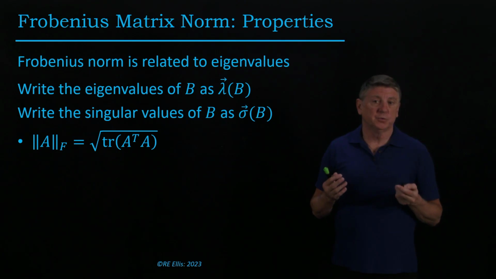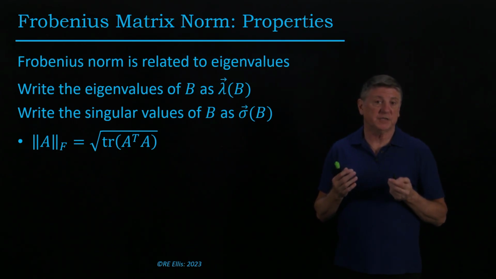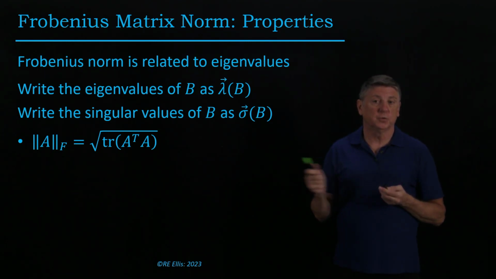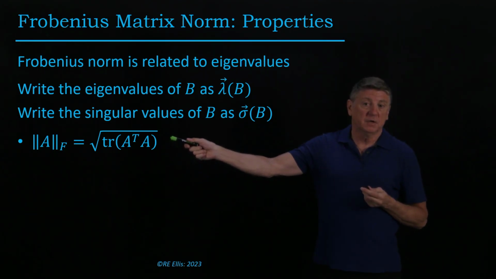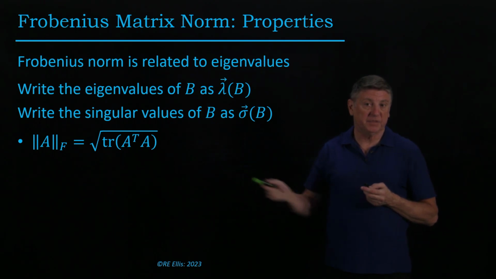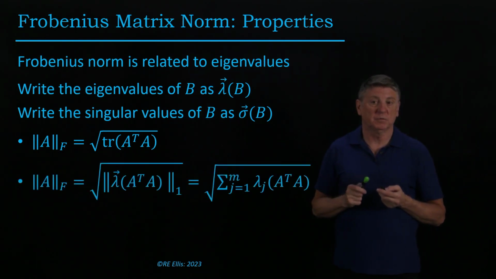So the Frobenius norm is the square root of the trace of A transpose A. So the trace is the sum of the diagonals. So the Frobenius norm can be found quickly by just transposing the matrix, multiplying it in this way, and then adding up the diagonal entries and taking their square root.